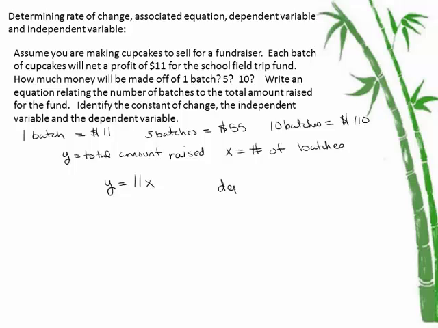The dependent variable is the total amount of money raised. And the reason that is the dependent variable is because it depends on the number of batches that get sold.